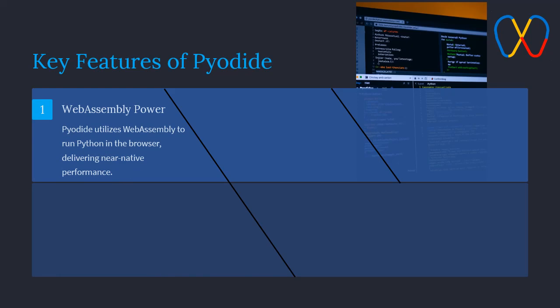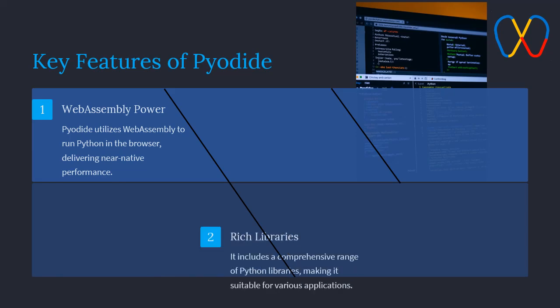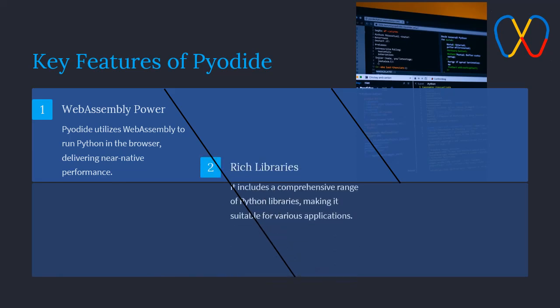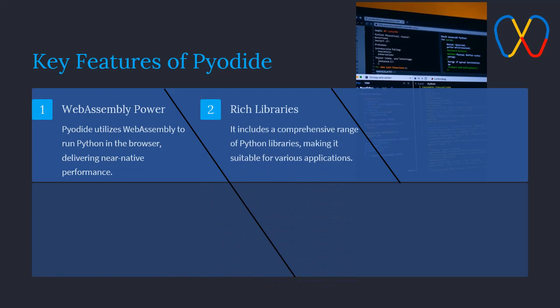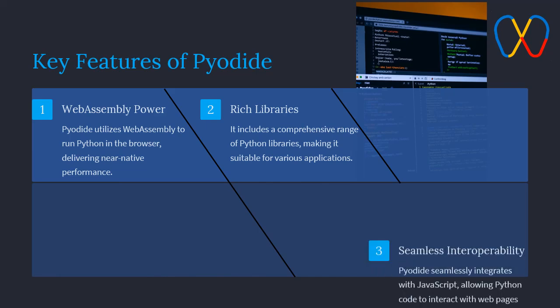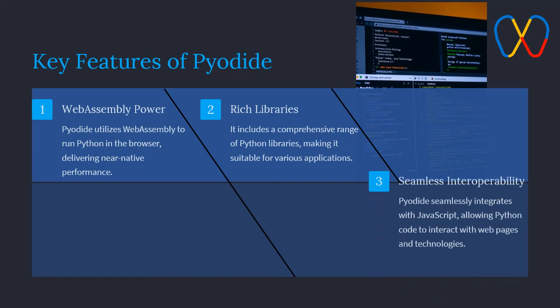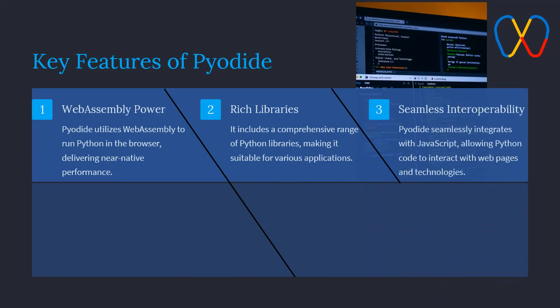Rich libraries. It includes a comprehensive range of Python libraries, making it suitable for various applications. Seamless interoperability. Pyodide seamlessly integrates with JavaScript, allowing Python code to interact with web pages and technologies.